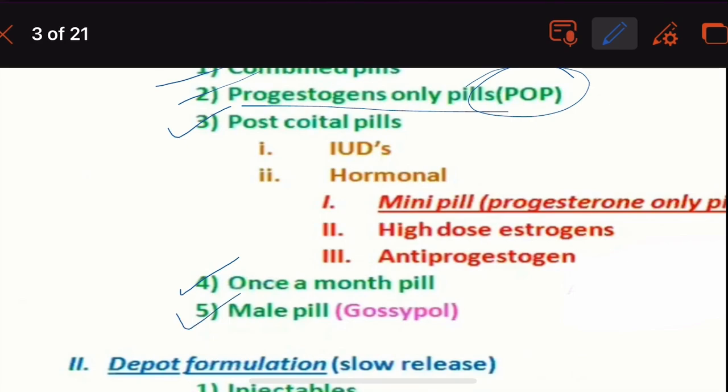Now, under the post-coital pill, post-coitus, it can be in the form of IUDs or hormonal. Hormonal includes the mini pill, that is progesterone only pill, high doses of estrogens, and anti-progestogens.